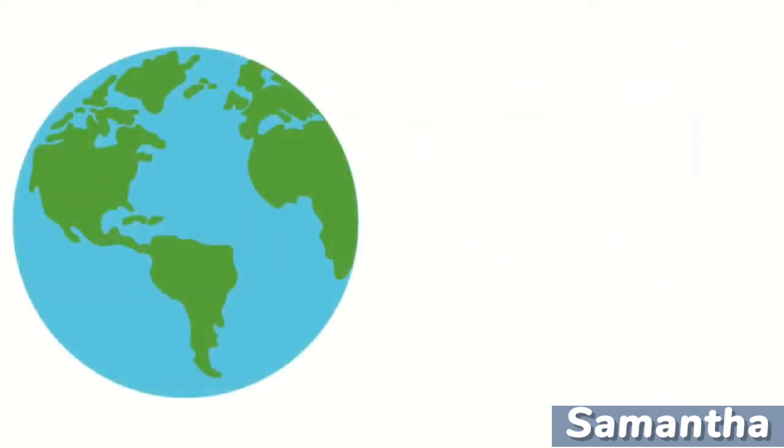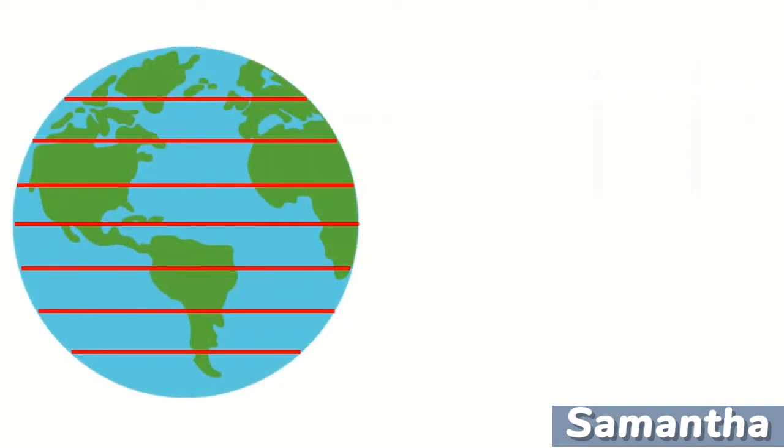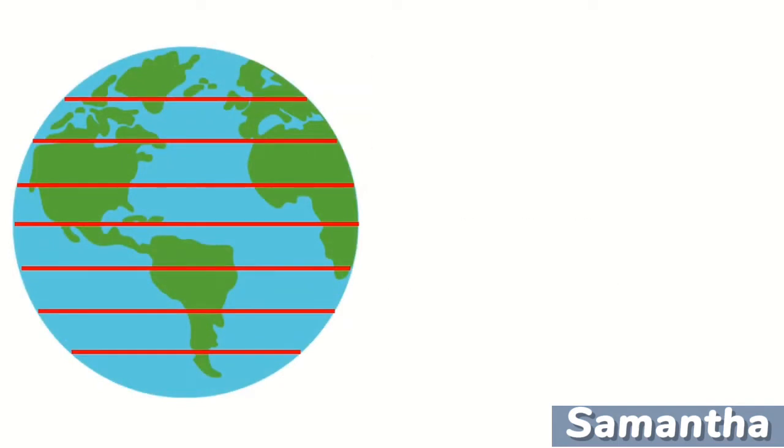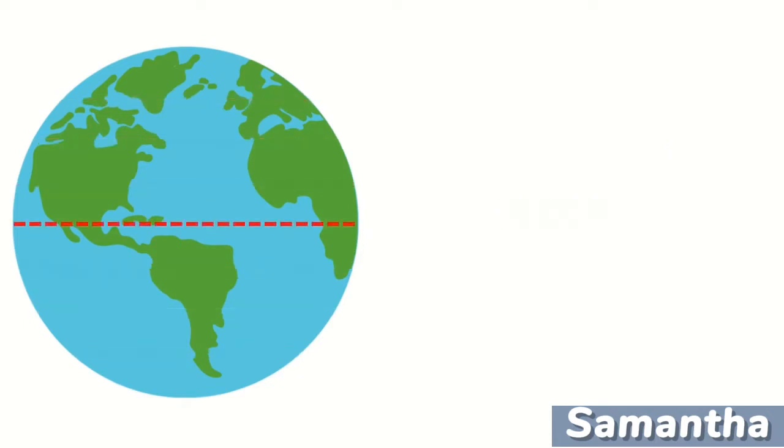The horizontal imaginary lines that run from east to west of a map or a globe are called latitudes, and this is measured in degrees. The starting line of latitude measurement is the equator, and it reads as 0-degree latitude.